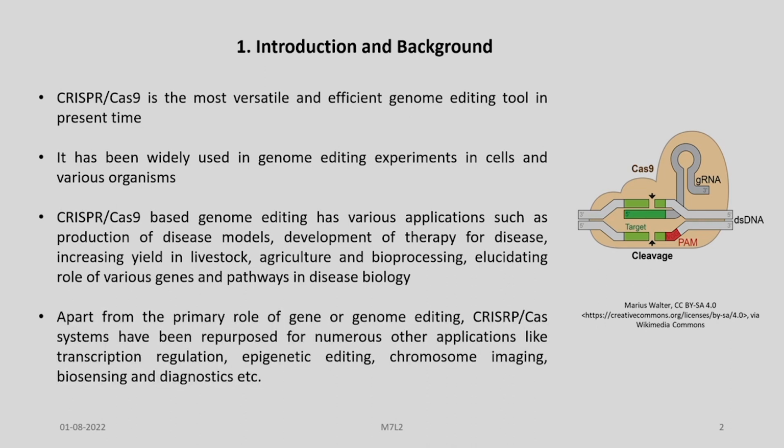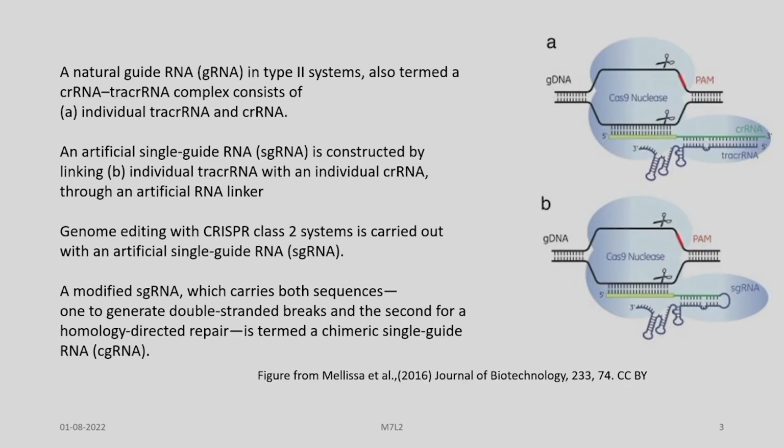Apart from the primary role of gene or genome editing, CRISPR-Cas9 systems have now been repurposed for numerous other applications like transcription regulation, epigenetic editing, chromosome imaging, biosensing and diagnostics.